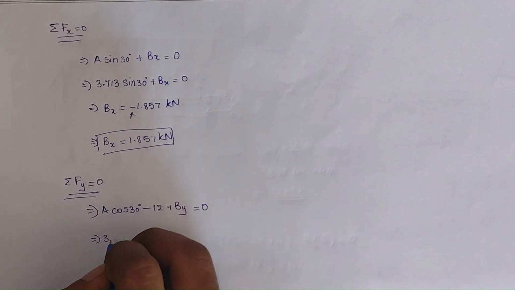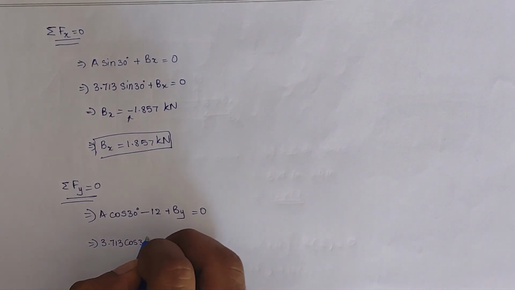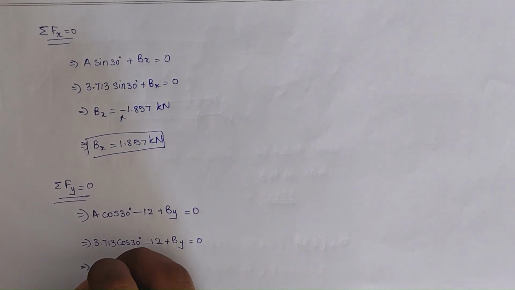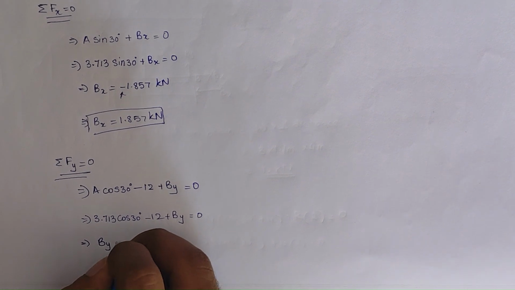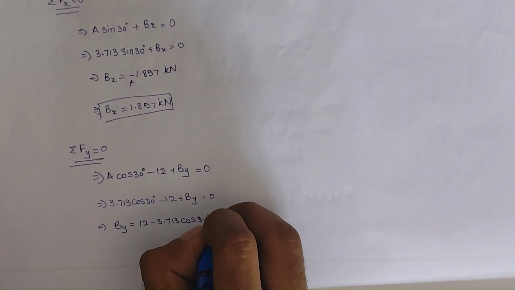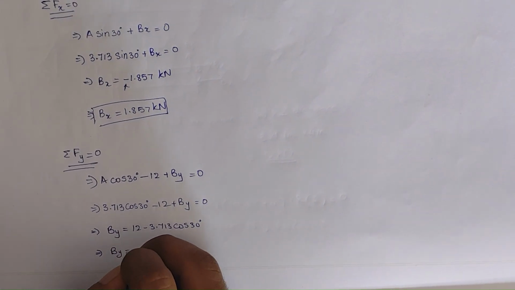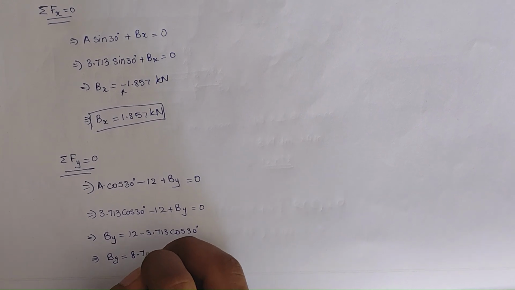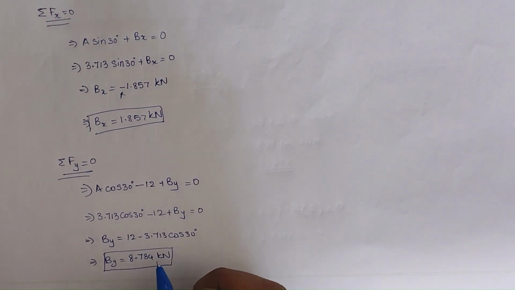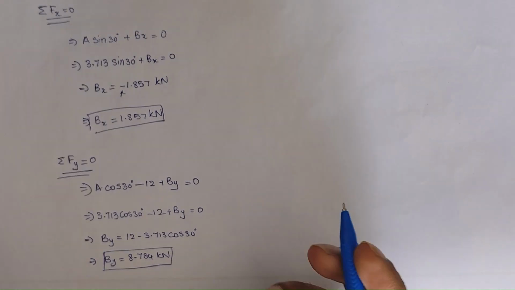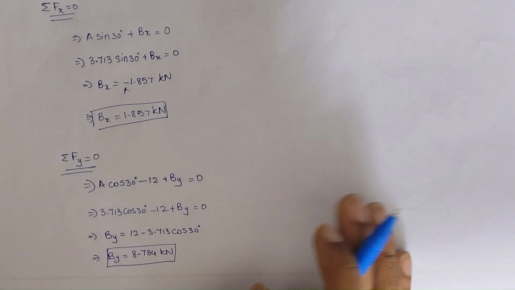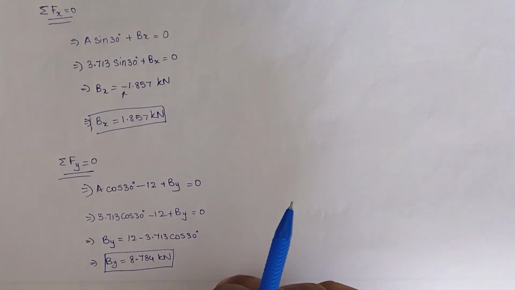So A cos 30 will be 3.713 cos 30, minus 12, plus By equals 0, and By will be 12 minus 3.713 cos 30, and at last by calculating we will get 8.784 kilonewton. Since this doesn't have the negative sign, we can say that we assumed the direction of the By component correctly. So we don't need to change the direction of By.